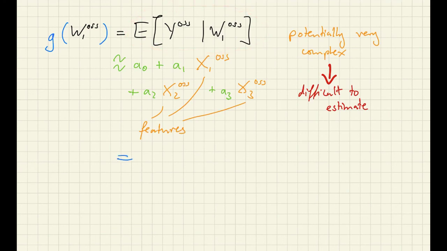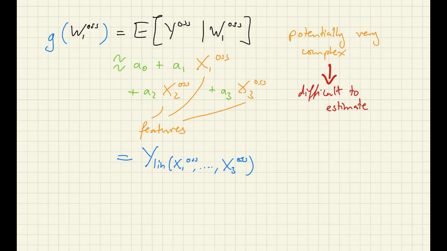The best linear prediction of y given x1 through x3 in this example with 3 features.